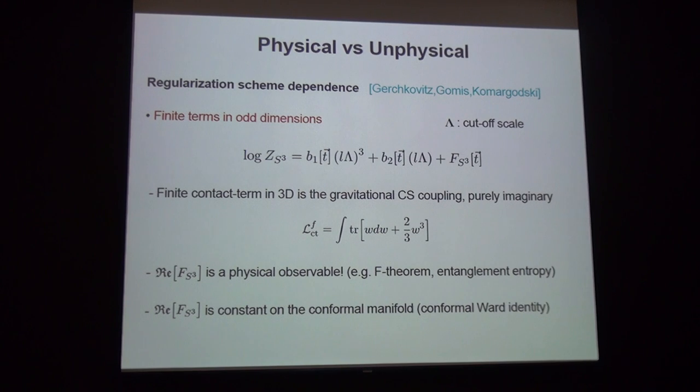Well, this analysis is a little more involved. Roughly speaking, this gravitational Chern-Simons coupling, the Chern-Simons level, is quantized. So at least the fractional piece of this imaginary part has some physical meaning. But today I will not tell more details about this physical meaning of the imaginary part.